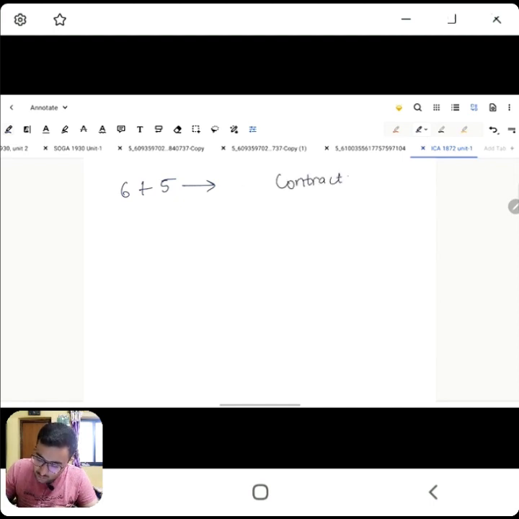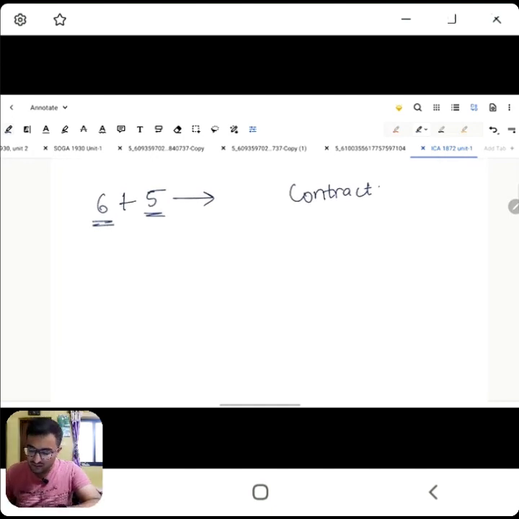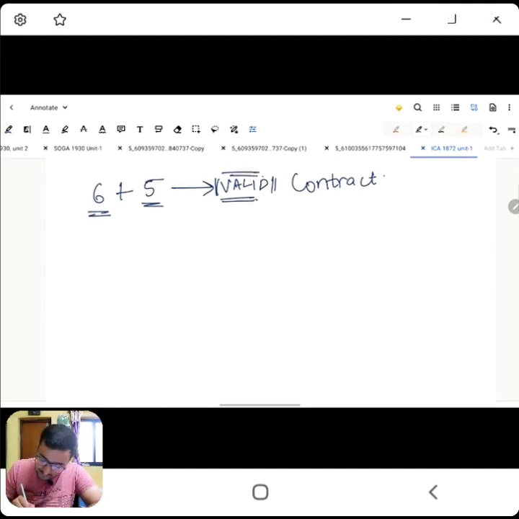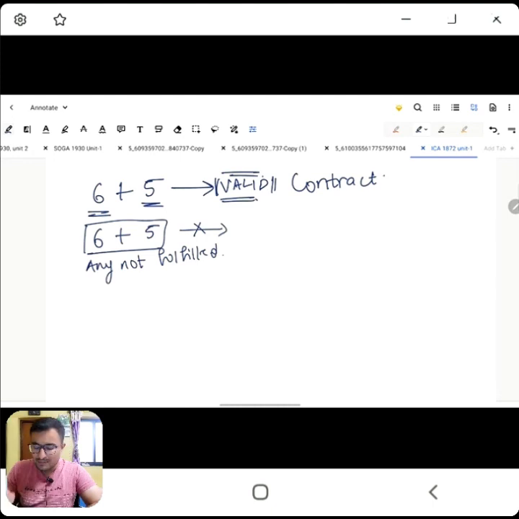Now when all these 6 plus 5 conditions are fulfilled, we will call it a valid contract, right? If any of these 6 plus 5 are not fulfilled, will this become a contract?